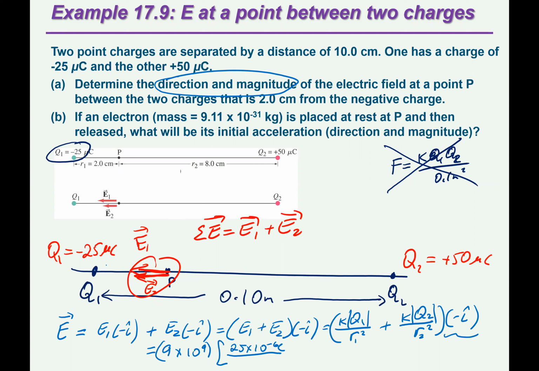The distance here is 0.02 meters squared. Then plus Q2, which is 50 times 10 to the negative 6 coulomb, divided by the distance, which is 0.8 meters squared.